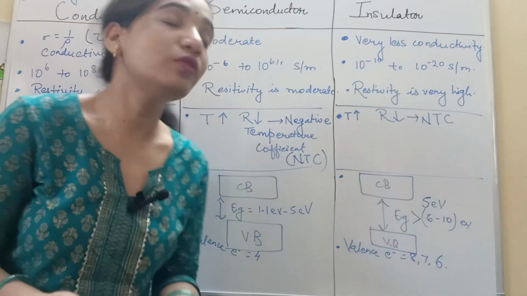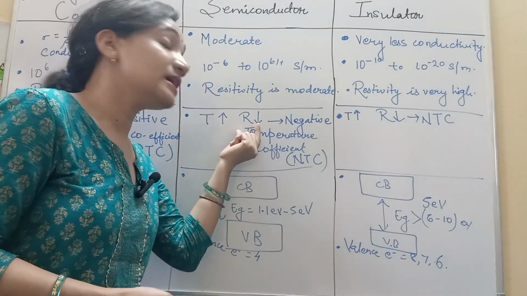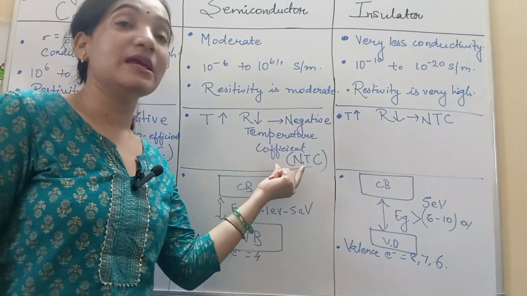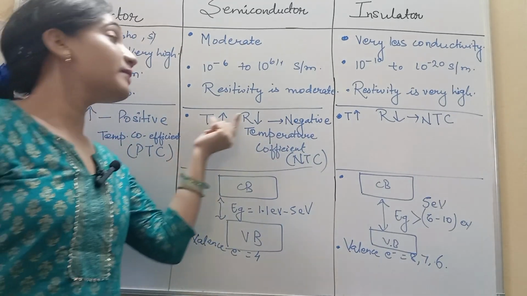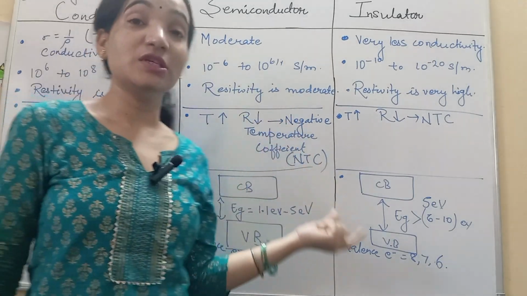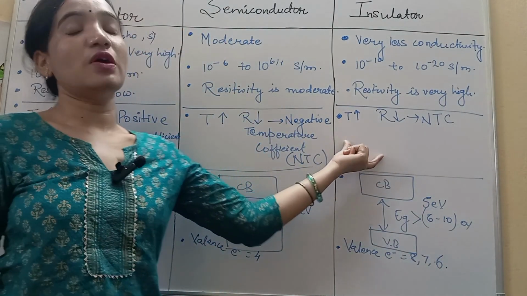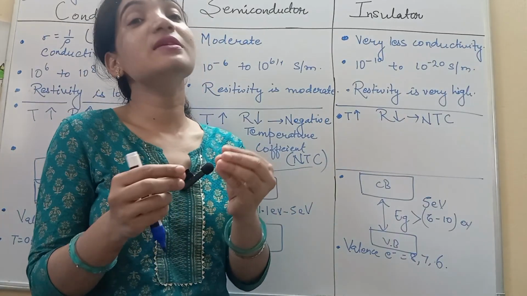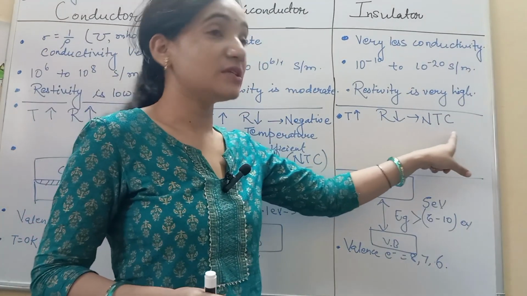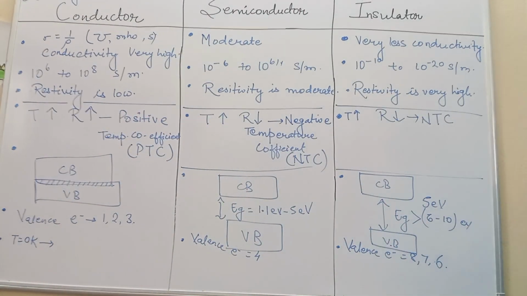When they start to flow, the resistance is decreasing. With the increase in the temperature, the resistance decreases: negative temperature coefficient. Same in the case of the insulator. With the increase in the temperature, the resistance is decreasing: negative temperature coefficient.